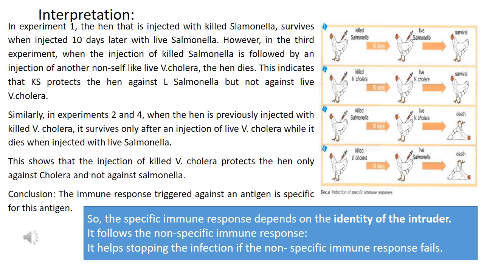So the immune response my body produces is specific for this antigen that I have encountered previously. The specific immune response, unlike the non-specific immune response, depends on the identity of the intruder. It follows the non-specific immune response. It helps stop the infection if the non-specific immune response fails.